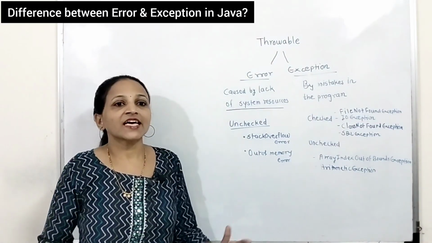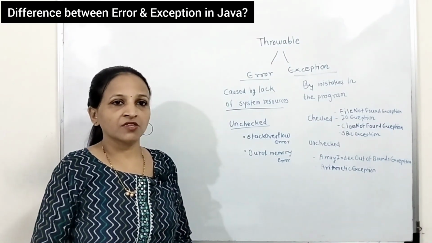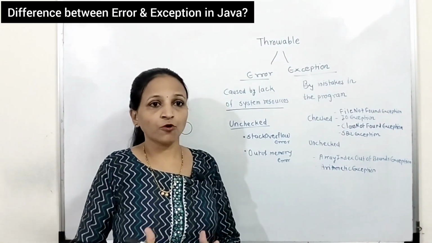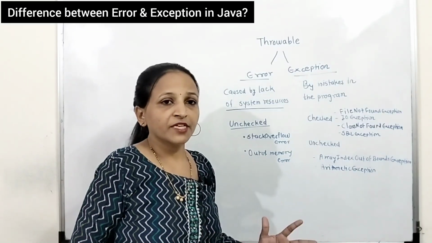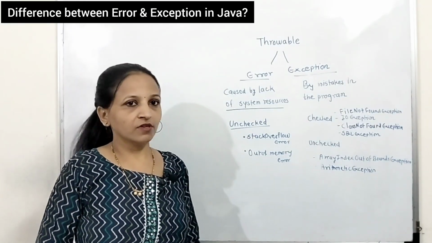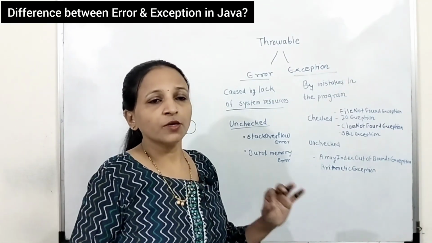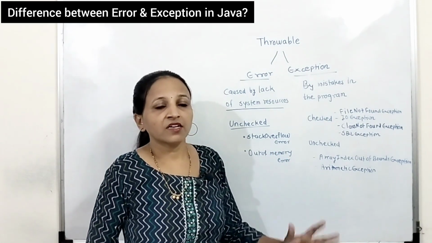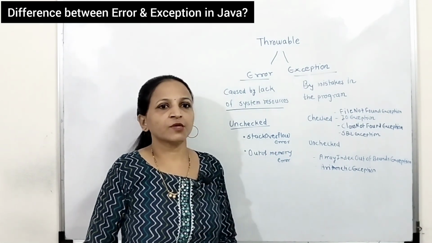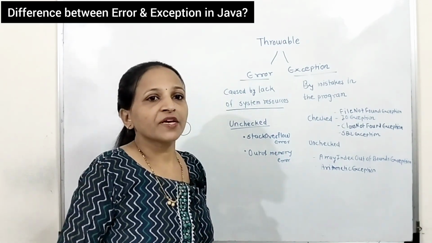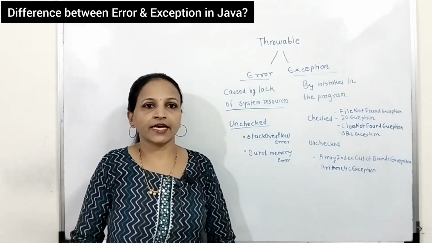Again, unchecked means array index out of bounds exception. Compiler cannot check any possibility of occurrence of array index out of bounds. That will not be checked by the compiler. Again, arithmetic exception, that will not be checked by the compiler, and such type of exceptions come under the unchecked category.